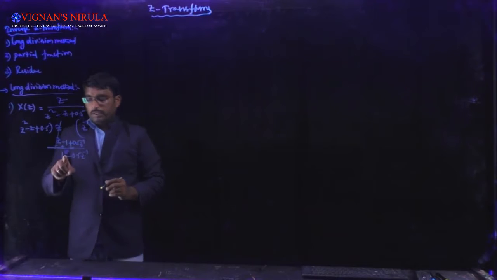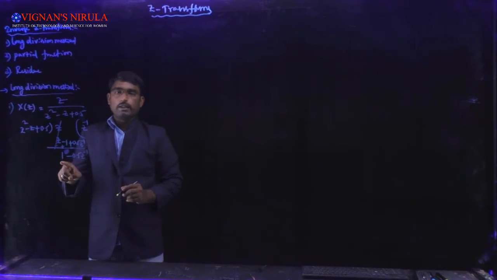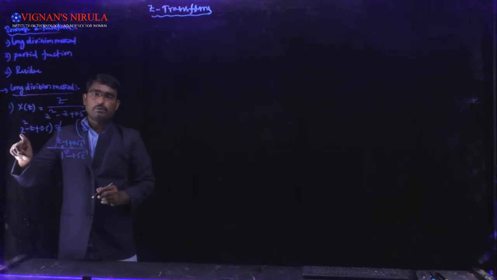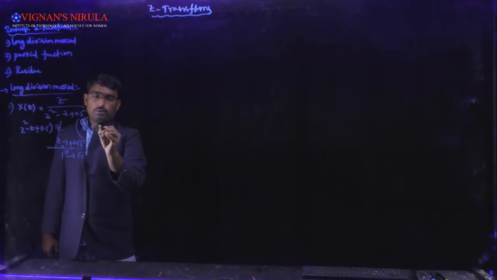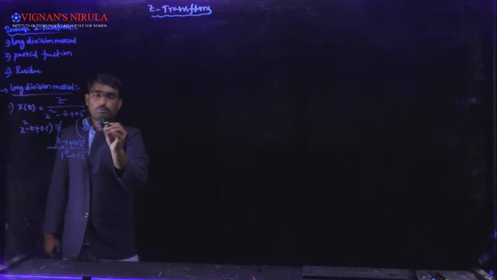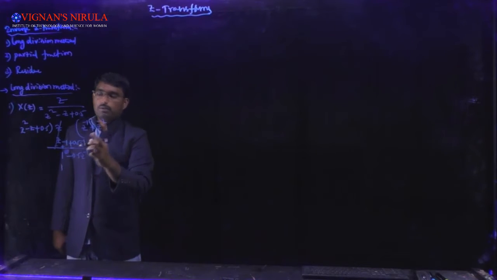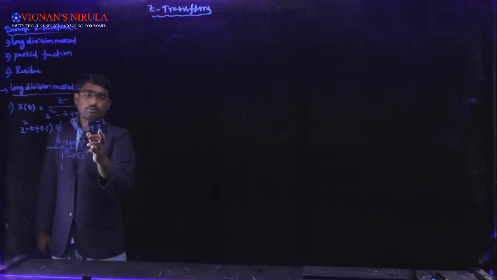Next, in the second division, this first term should be cancelled. In order to cancel out this first term, with which term do we need to multiply z square? If you multiply z square with z power minus 2, you will be getting 1 over here, so that it will be cancelled. Now start multiplying the total part with z power minus 2.